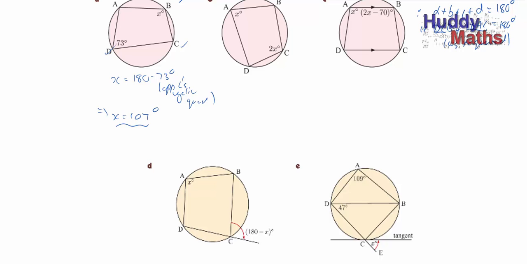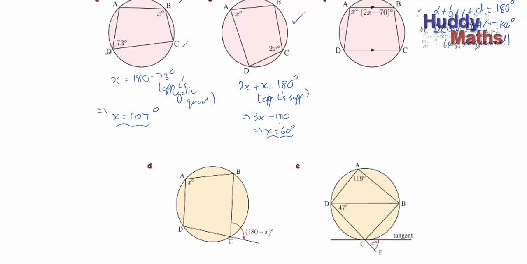Okay, same thing over here. ABCD is cyclic, so we can say 2x plus x, opposite angles are supplementary. Therefore 3x is 180 and x is 60 degrees.